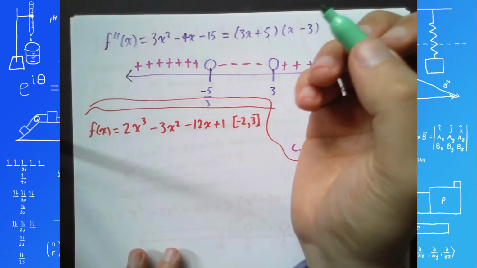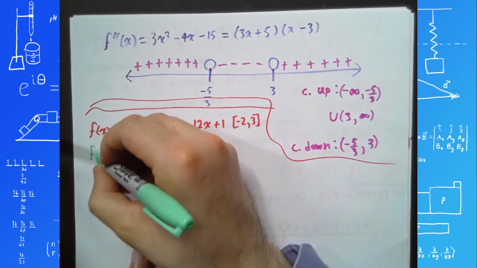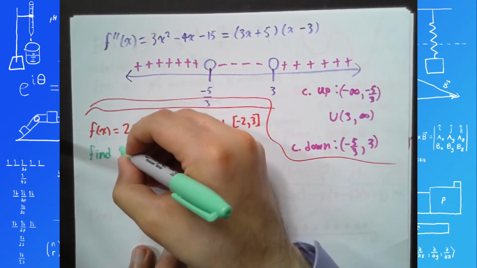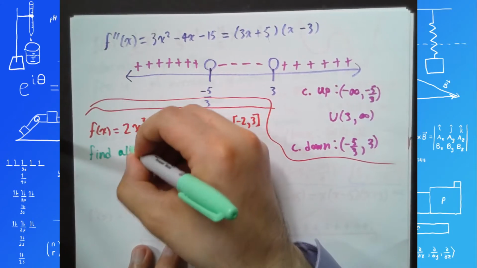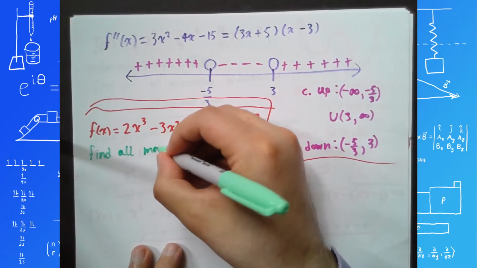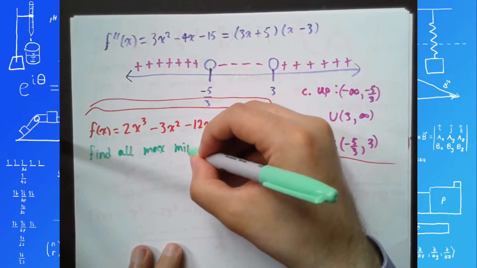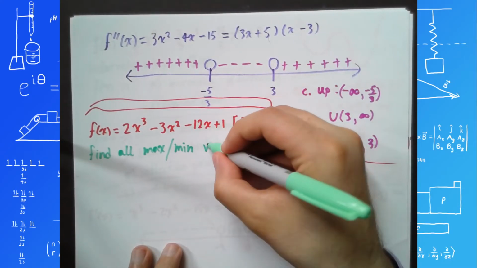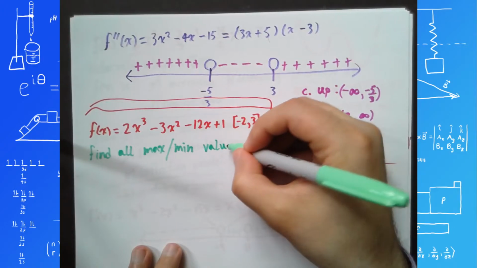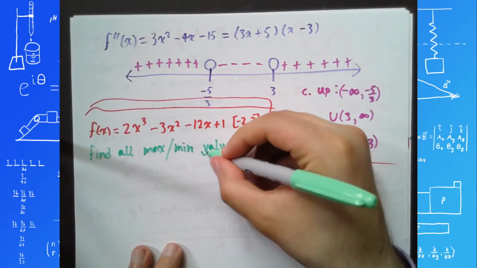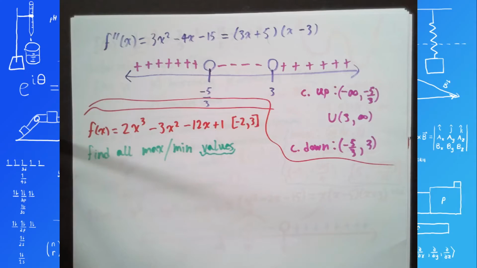So that's all I'm going to ask for this problem. Find all max and min values, including the absolute max and min values. The values, so we actually want to calculate the y's this time.